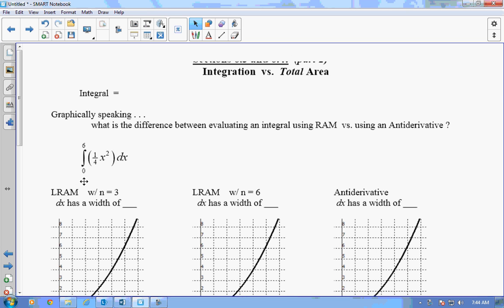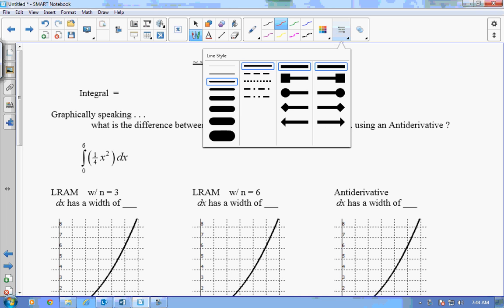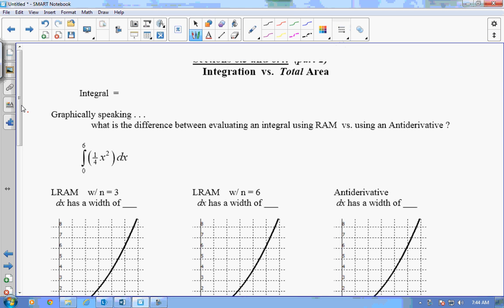Integration versus total area. When we integrate, what are we finding? Area under a line, or a curve. We're finding the area, right?